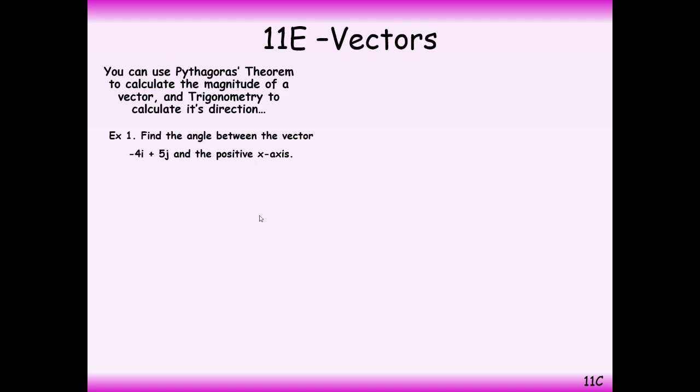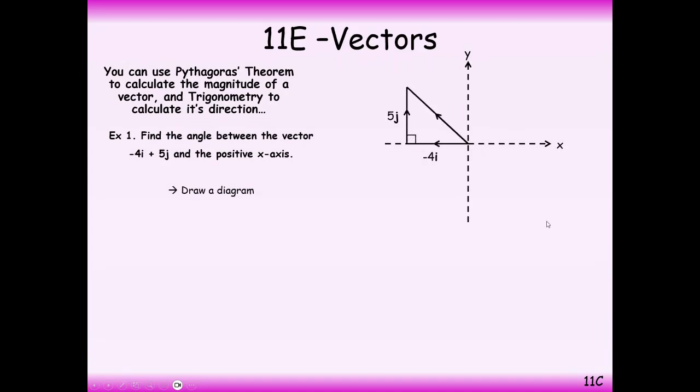So let's picture it on a diagram. We have a vector that is pointing to the left because I see there's a minus sign in front of the 4. So it has to be pointing up and to the left into the second quadrant from the origin. So we want to figure out the reflex angle from the positive x-axis. Notice the word positive x-axis, pointing to the right. So we need to figure out that.